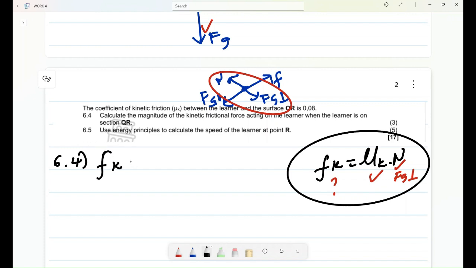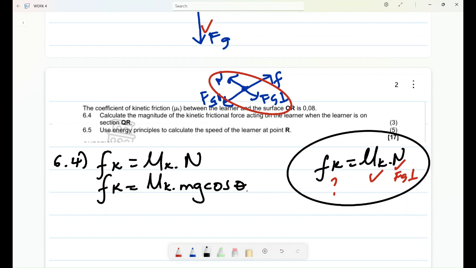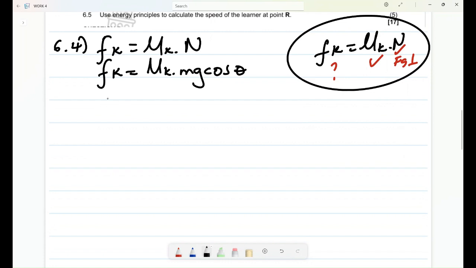And when I attempt to answer this question, I'm going to say 6.4. Fk is going to be μk multiplied by normal force. But in this case, what is my normal force? My normal force is equal to Fg perpendicular. But what is my Fg perpendicular? My Fg perpendicular is mg cosine of my angle. All right. Now let's substitute.